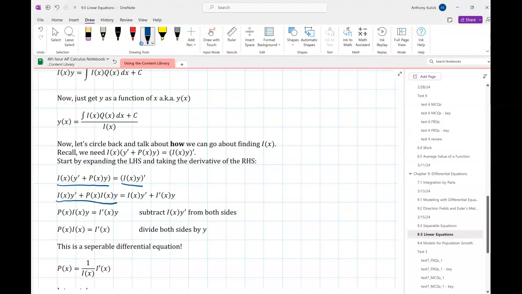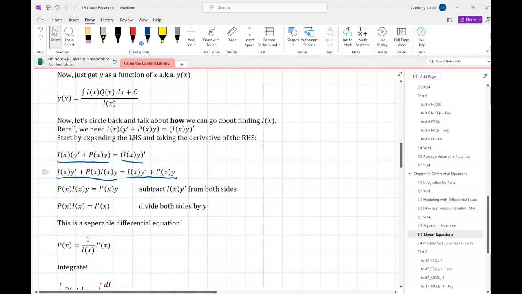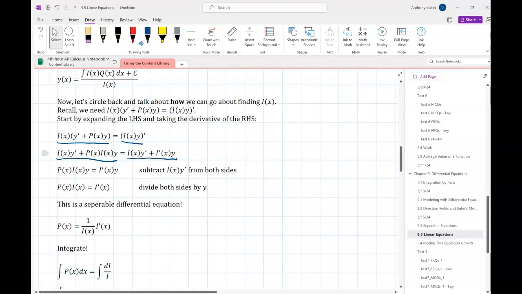I do the product rule derivative with respect to x, and I get that. I notice that, hey, look at this. Those guys are the same. I just subtract that from both sides. They cancel out. I look again. Hey, look, factor of y. Divide both sides by y. They cancel out. So this p of x is going to equal 1 over I of x times dI/dx.